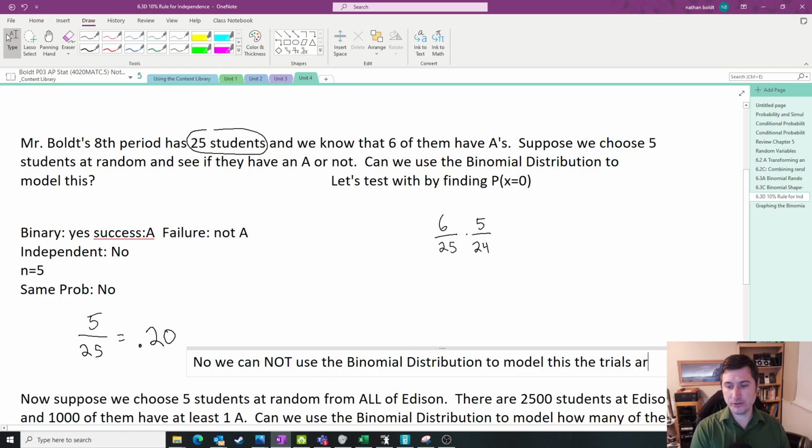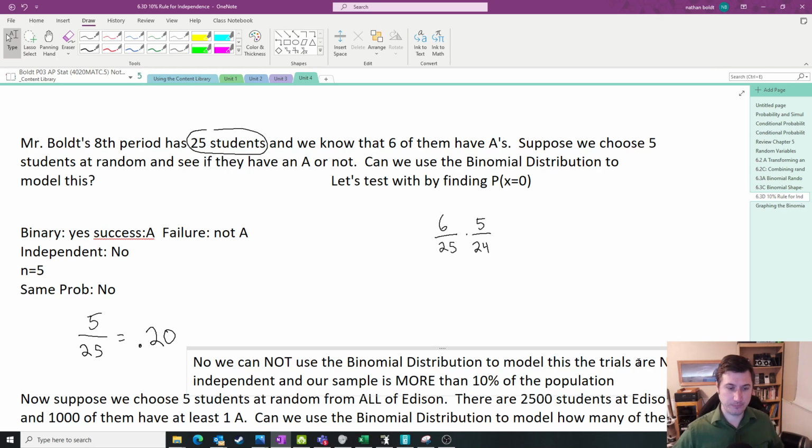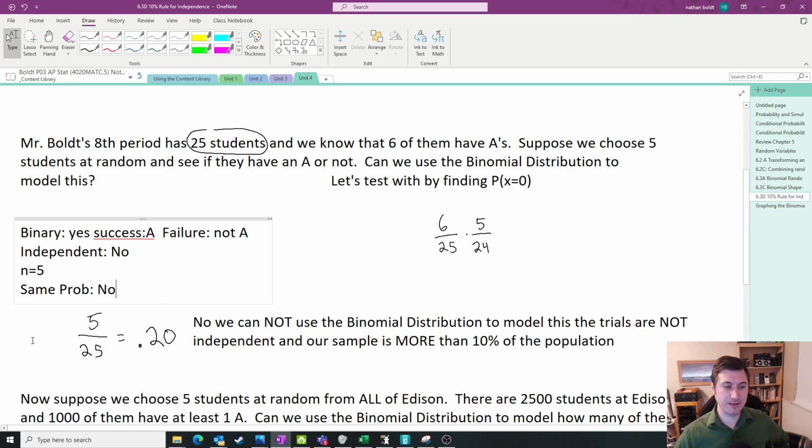The trials are not independent, and our sample is more than 10% of the population. So here's a good example of when that rule cannot be broken. We cannot use the binomial distribution here.